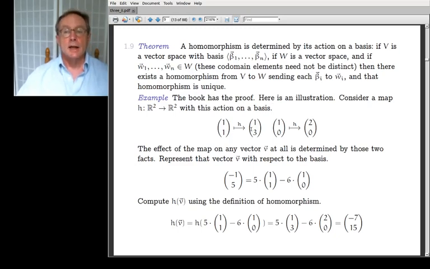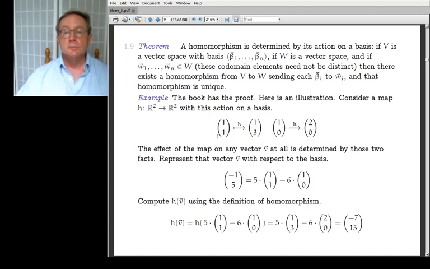The point is that if you tell me where these two basis vectors go, if you tell me the action of h on these two basis vectors, then I can figure out the action of h on any other member of the domain. So I picked a member of the domain, (-1, 5). I didn't pick it for any good reason. I just made it up as the first one that occurred to me.